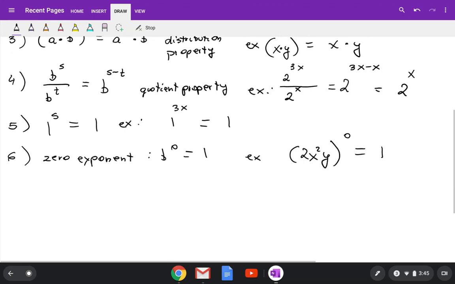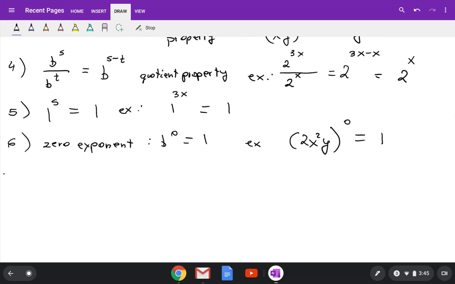Rule 7, the reciprocal property, or you can know that as a negative exponent.